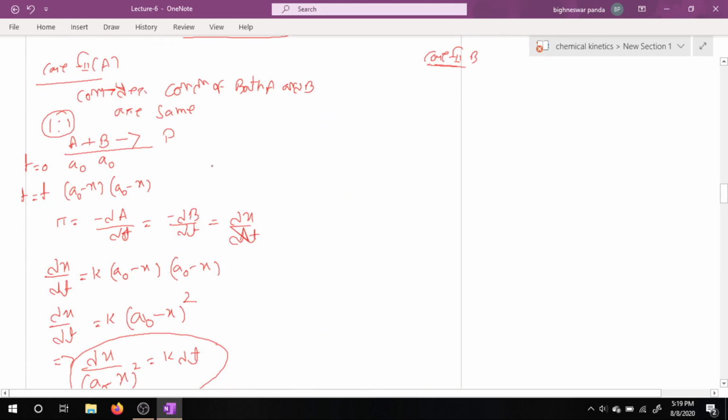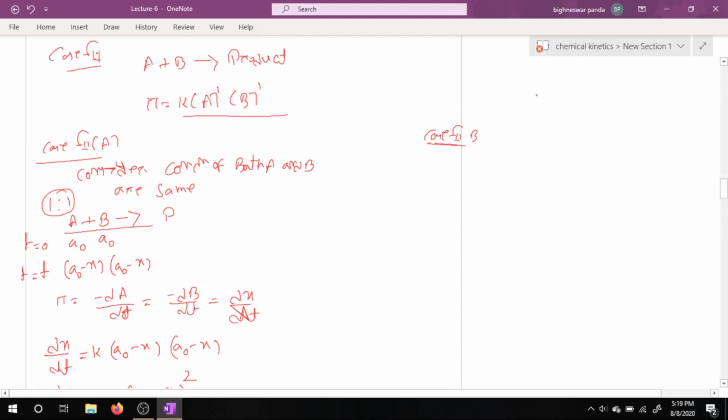But in case 2b, consider the concentrations of A and B are different, that is, the initial concentrations of A and B are different. So again I am writing the equation as A plus B gives rise to product.